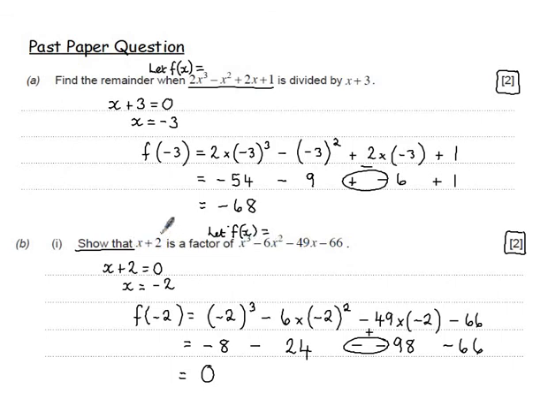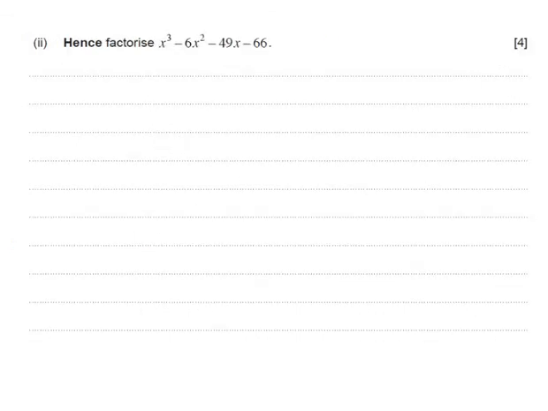We're going to divide into it, using the x plus 2 from the previous part. So hence factorise, notice it's 4 marks. You have to divide through because you have to get the quadratic as your answer on the top of the bus stop so you can factorise it.